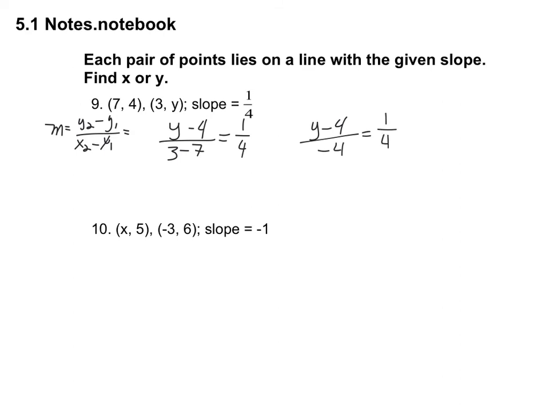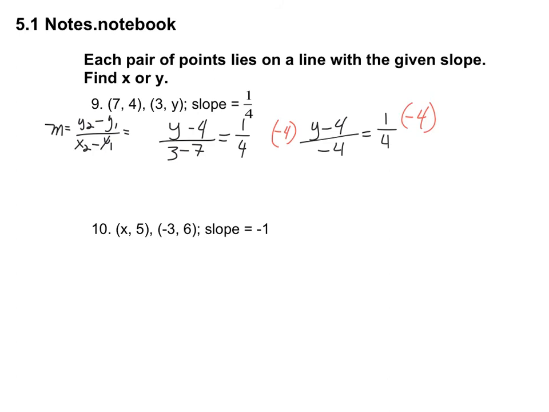Okay? So in my next step I'm going to multiply both sides of this equation by negative 4, because remember, when I'm solving for a variable, I want to get it all by itself. That's going to cause something interesting to happen.